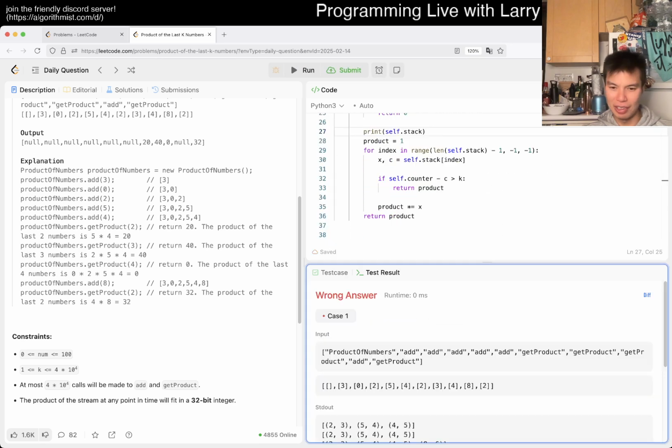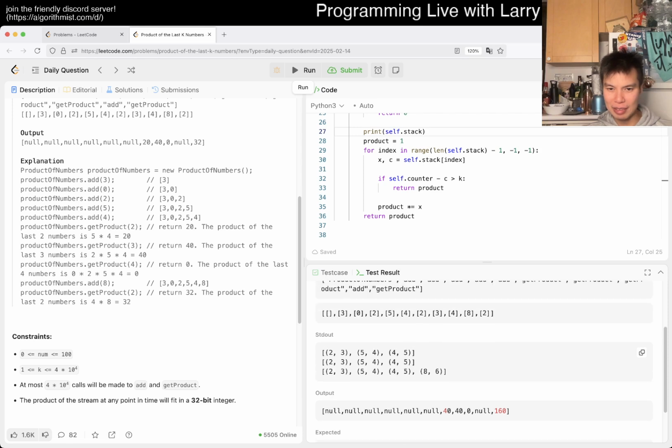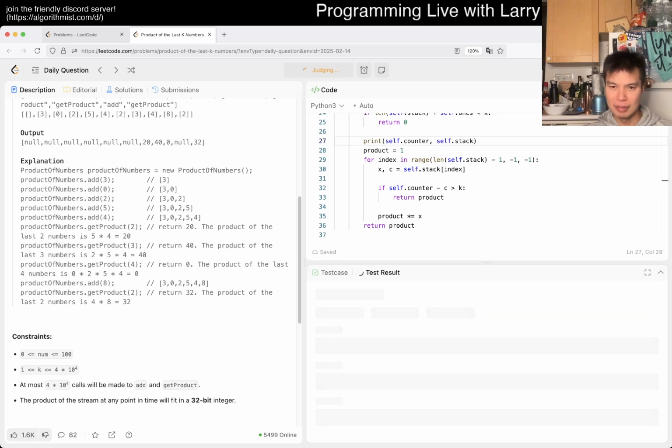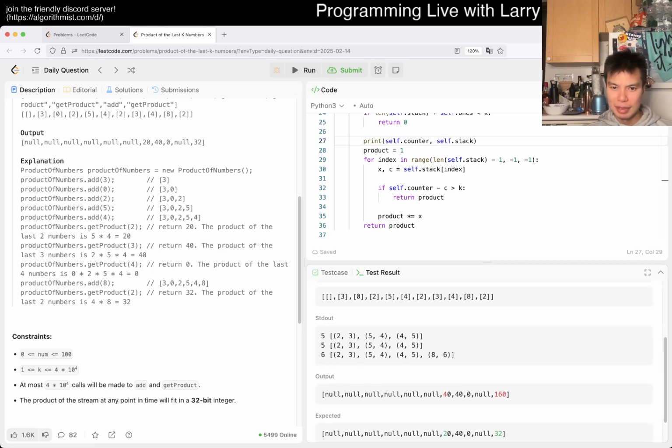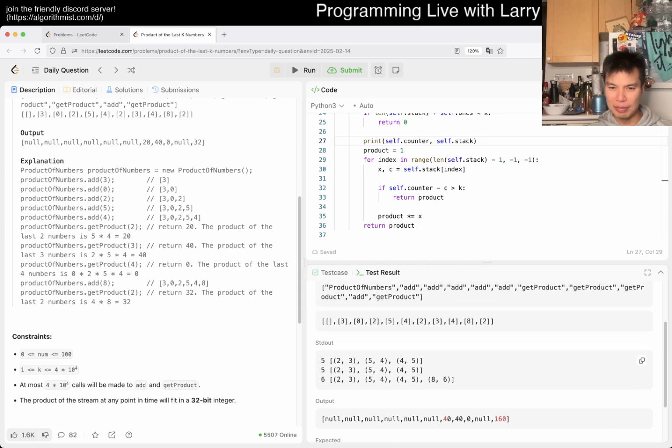I don't know why this takes so long. Is it my internet issue? Okay. So yeah, this is the stack, right? And oh, maybe self.counter. So we have 5.